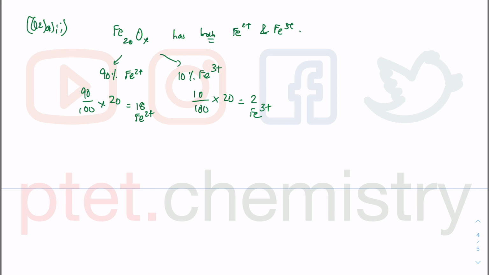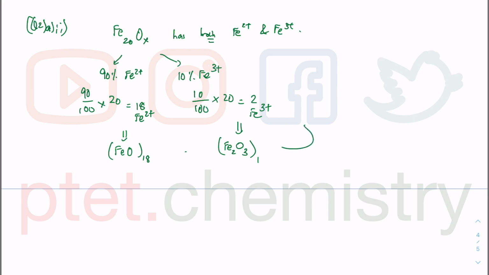If you have iron 2 oxide, what you have is FeO like that. And if you have 18 Fe2 plus, that means you have 18 like this. And if you have iron 3 plus, you have Fe2O3, because you need 2 iron 3 plus to cancel out the 3 times minus 2, which is minus 6 charges. And you just have one of it like that, because that will give you 2 iron 3 plus.